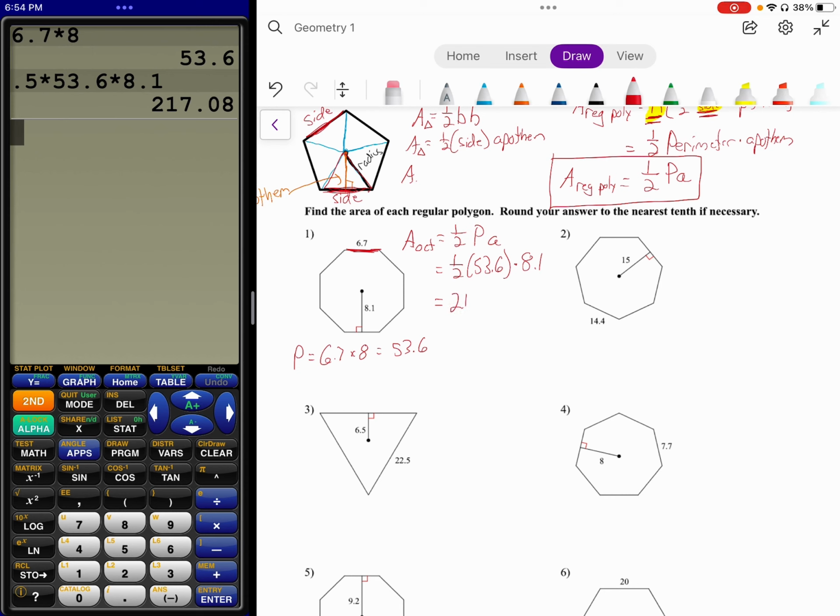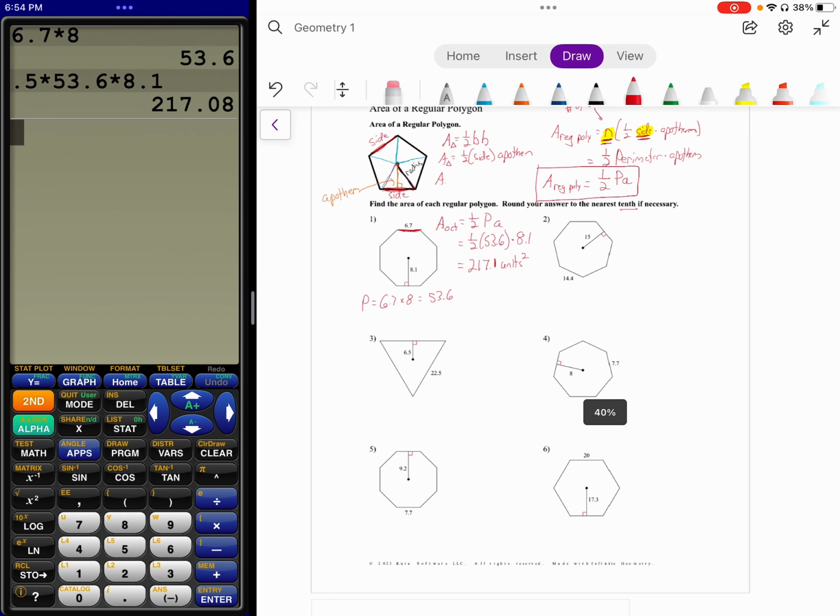And we get 217.08. Actually, it says round to the nearest tenth, so we'll put 217.1. And this is area, so we should put units squared since it doesn't give us a specific unit. And that's how you work through each of those questions.